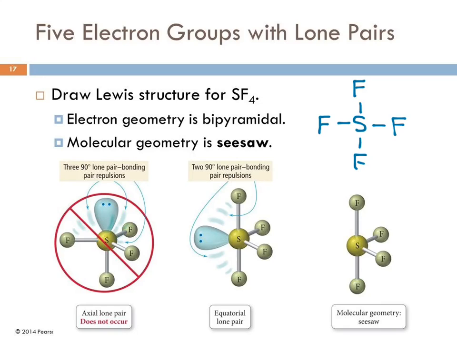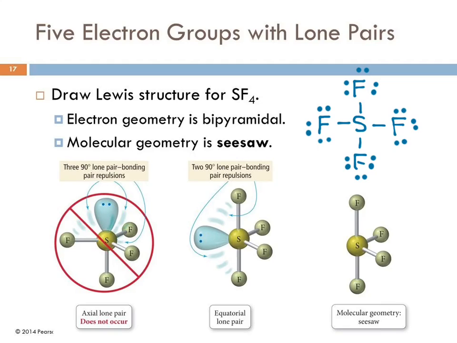So 7 times 4 fluorines is 28. How many valence electrons does sulfur have? 6. So we have 28 plus 6, that's 34. So 2, 4, 6, 8, 10, 12, 14, 16, 18, 20, 22, 24, 26, 28, 30, 32.